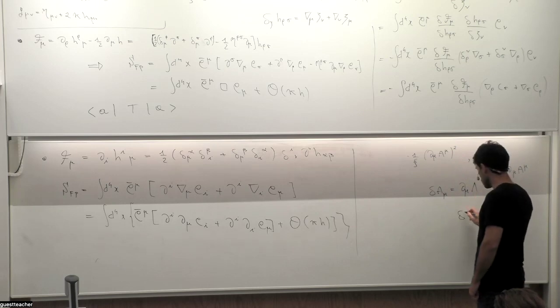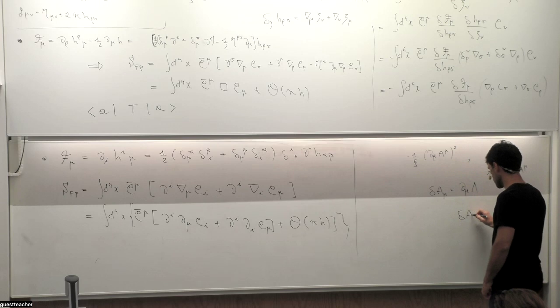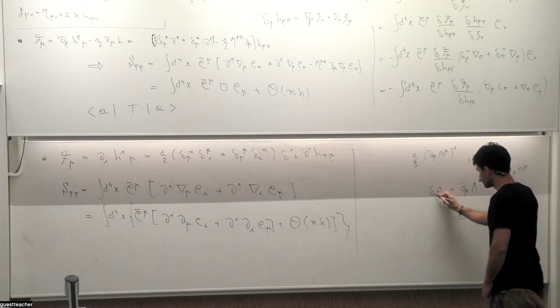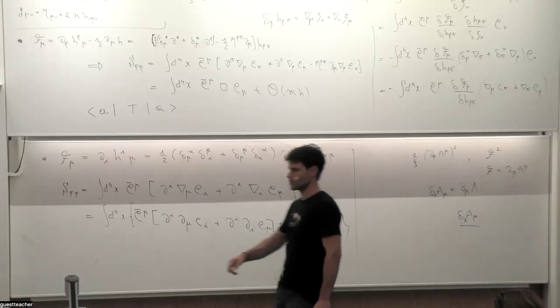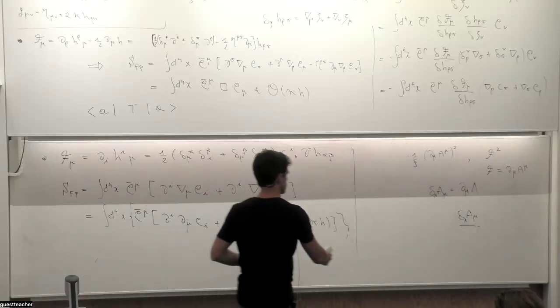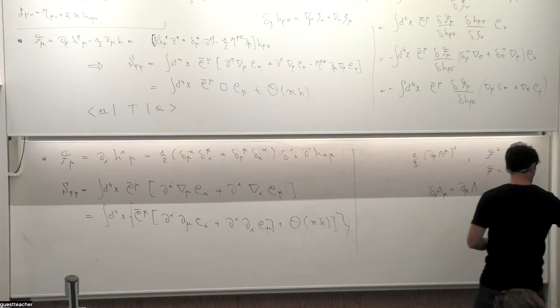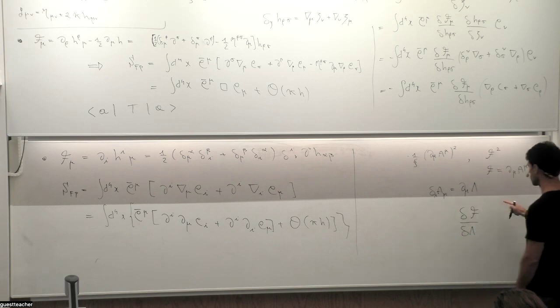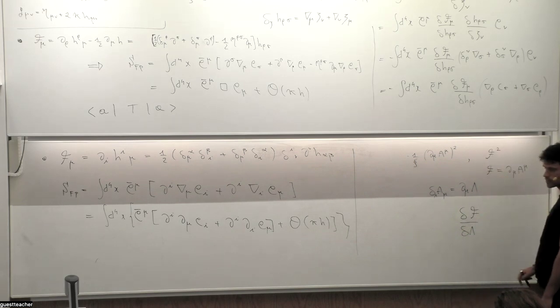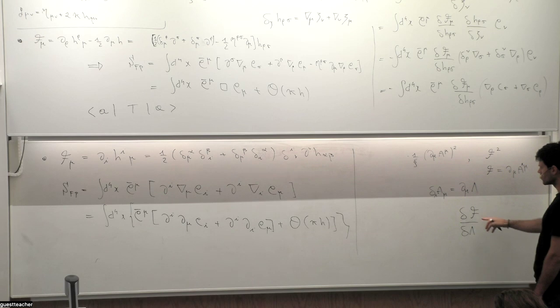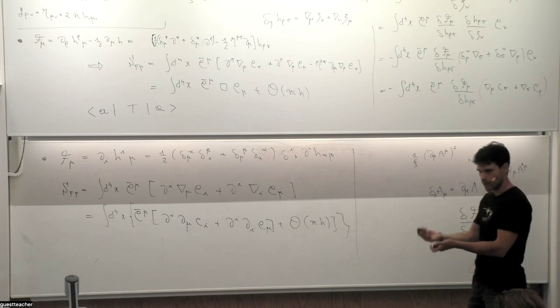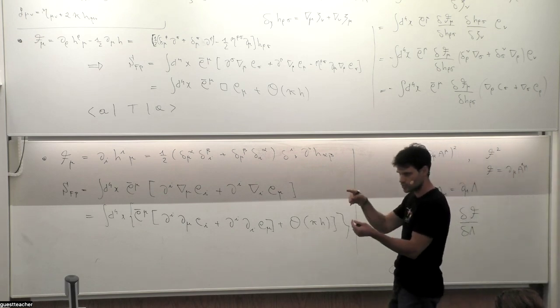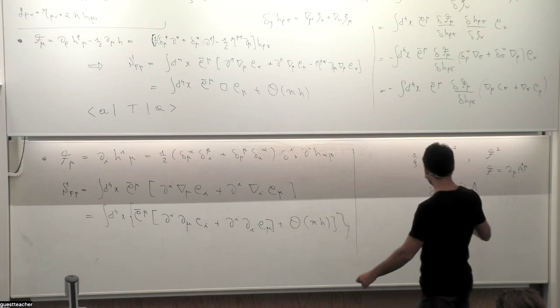So when you take this variation with respect to lambda of this one, it will not have any contribution that is proportional to A. So basically just a box, just because of this.